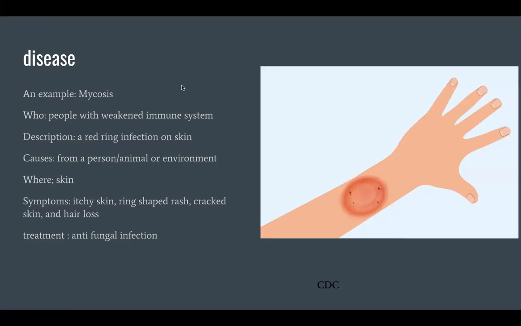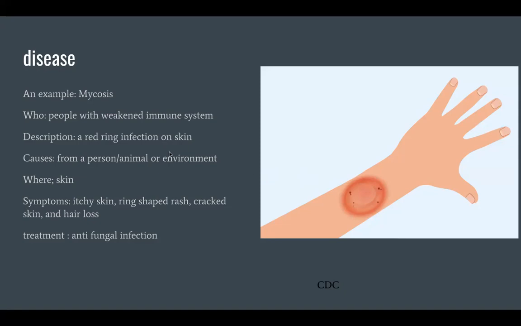Some diseases that are from fungus include mycosis. Most people that have a weak immune system can get mycosis, and mycosis is like a red ring infection on skin. It's a rash kind of.